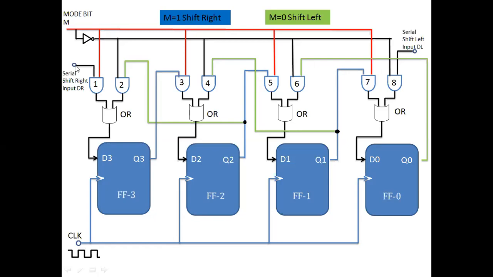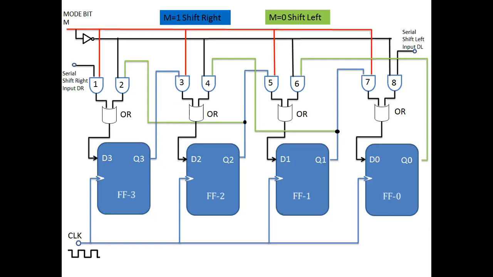During that time, if we enter the data from another input of the AND gate, this input will come via AND gate 1 and the OR gate to the D3 input. And if we apply the clock pulse, what will happen? That D3 data will come at Q3, and this Q3 will come to D2 via AND gate 3 and the OR gate.